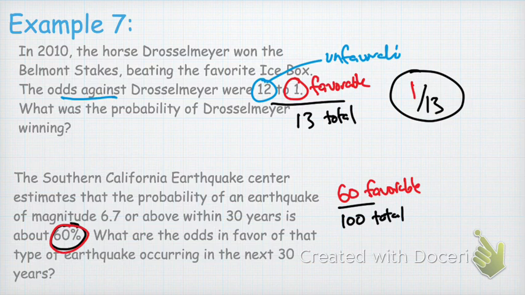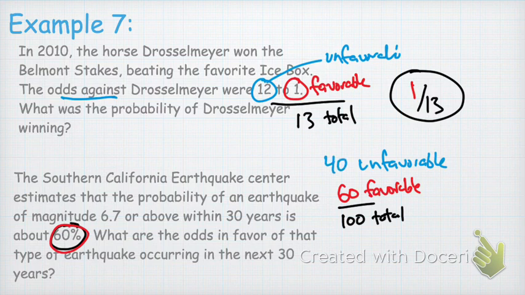And if we want to describe odds, we need to think about what is favorable versus unfavorable. So when we remember that unfavorable and favorable add together to give me total, that means I can subtract to get unfavorable. So unfavorable would be 100 minus 60, which is 40.